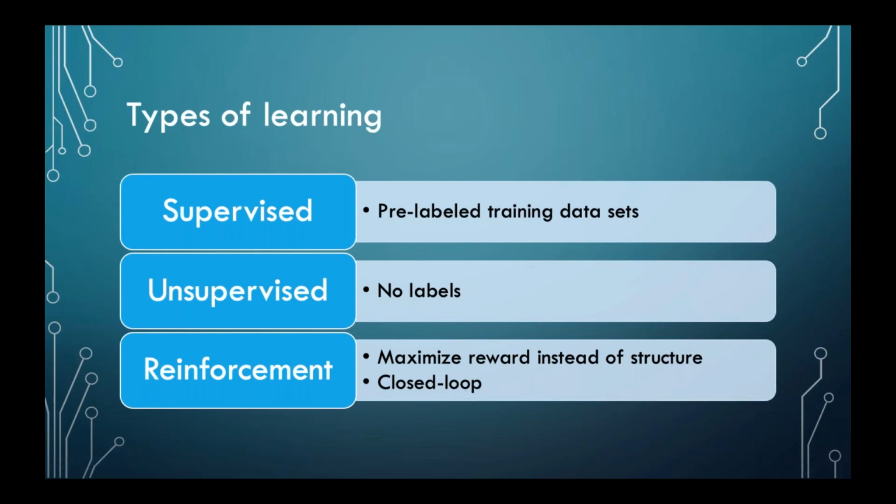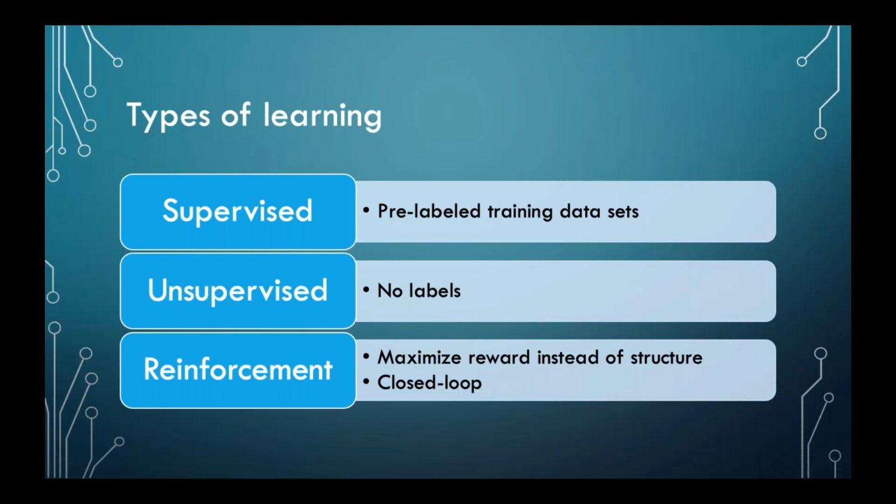Another is unsupervised, where they get zero. You don't label anything. It's just raw data, and it's sort of like saying, here's all these things, you go through them as you will, you find the patterns, you tell me what you think, I will give you nothing.